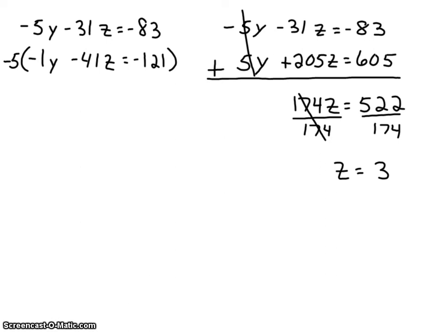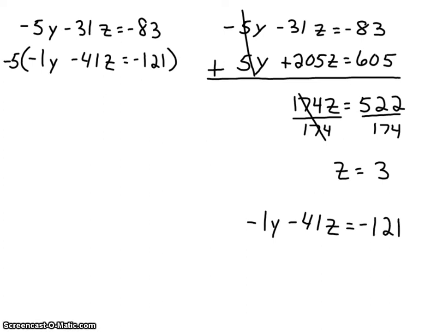Now what we do is we take one of those two equations with two variables, and we substitute z in order to solve for y. So I'm going to use the equation negative 1y minus 41z equals negative 121.